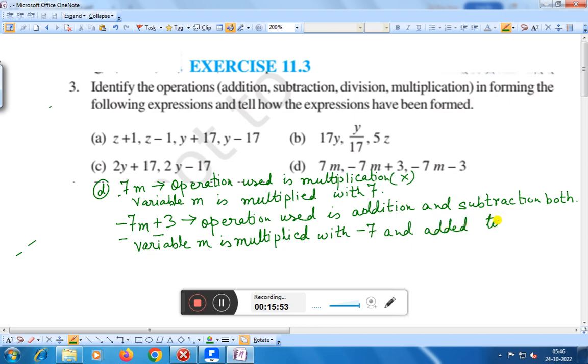In this way, the expression has been formed.